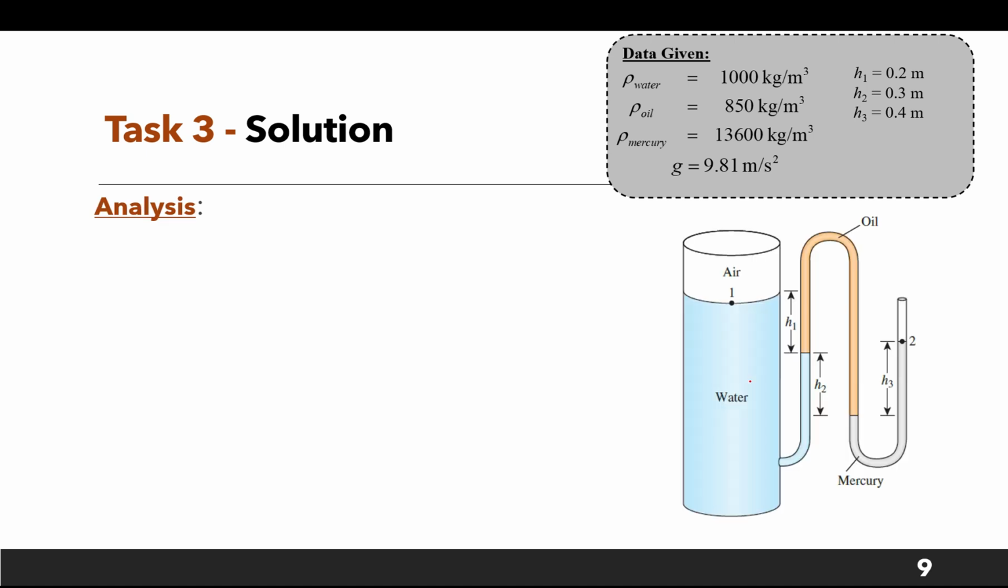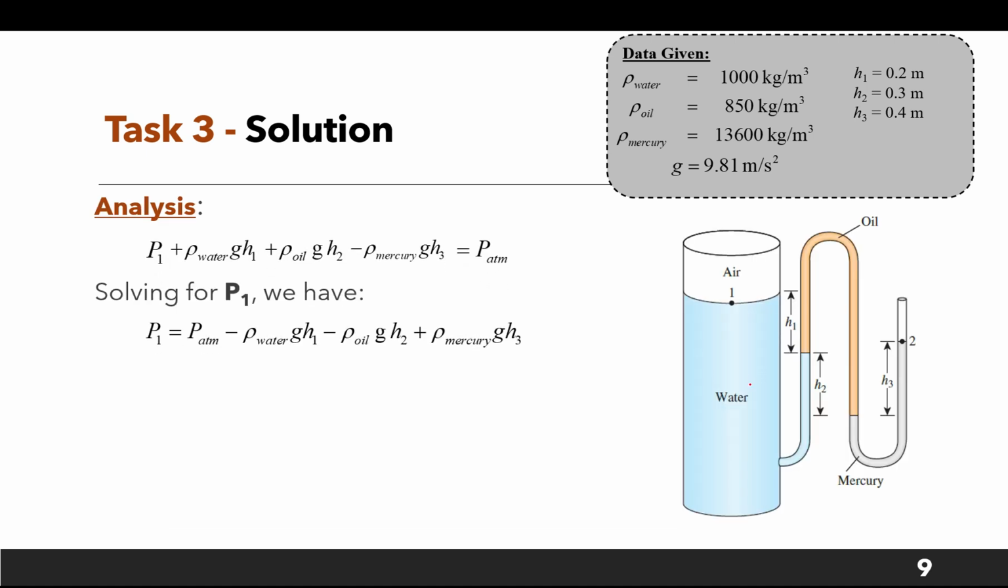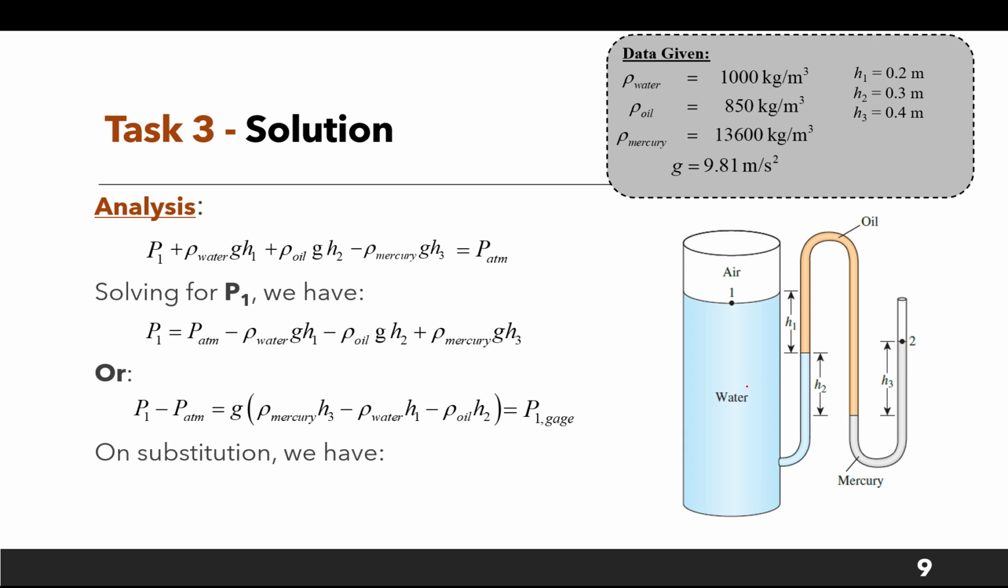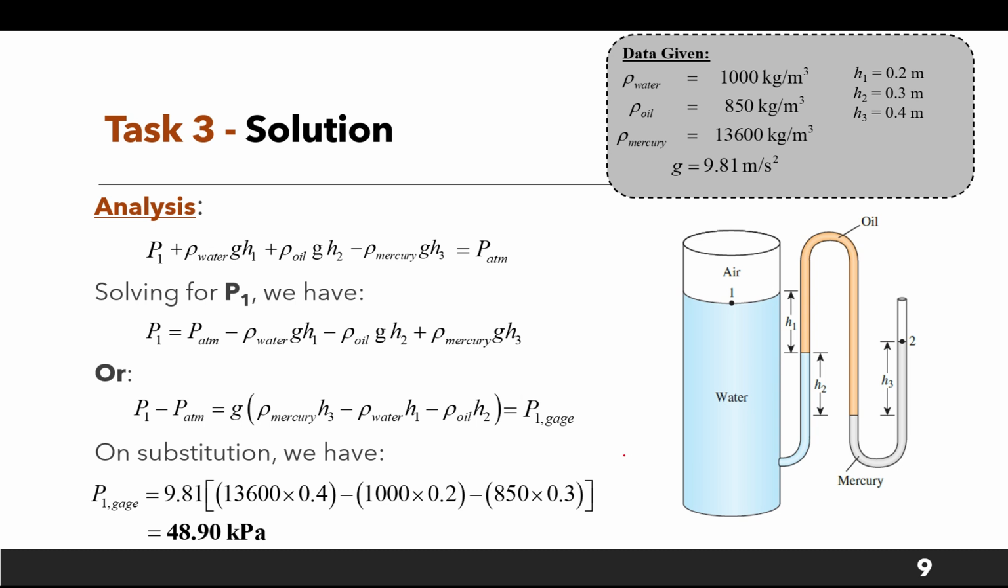So simply put, we can substitute for this and then do this analysis. Or, like I said, we can say P1 minus P atm, and then we equate it to P1 gauge. If we do the substitution, we are going to have this, and the final answer will be 48.9 kilopascal. I need you to follow the steps and understand what we are doing.